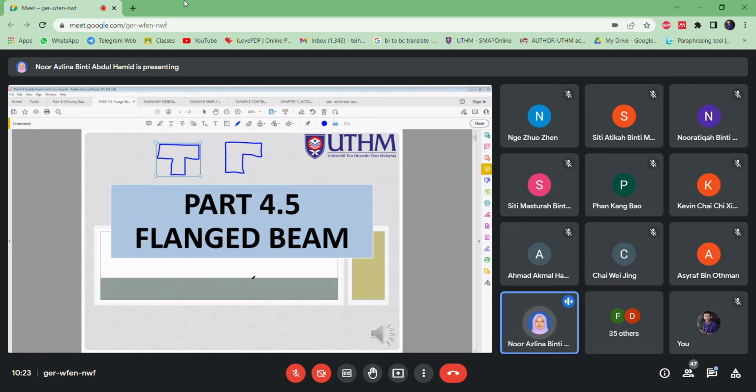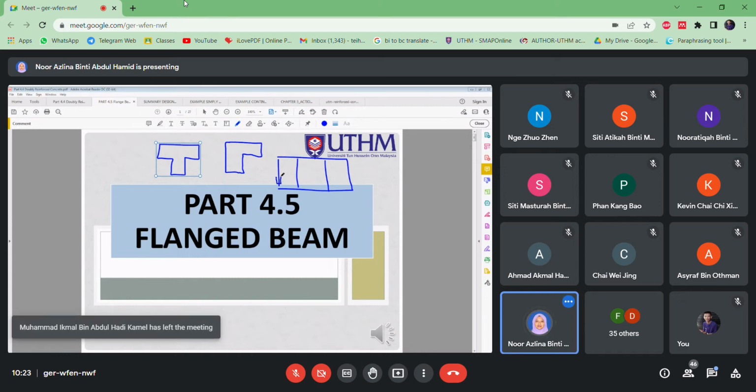So L-beam, it should be at the corner. Okay, T-beam, normally it will be for the internal beam. So that's why dia jadi T-beams. Okay, let's say for this line of the beams. Okay, kalau buat sini dia akan jadi L-beam. So this is the slab, this is the beam, this is the slab, this is another beam, slabs, and this is the beam.